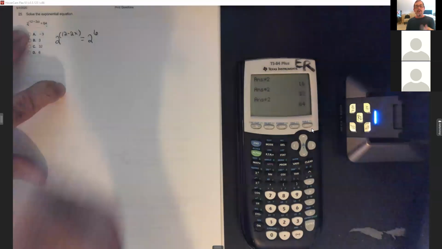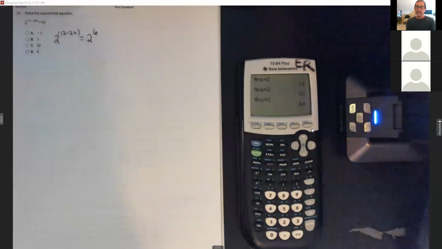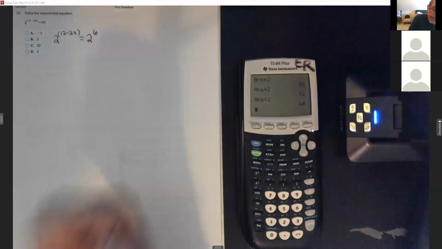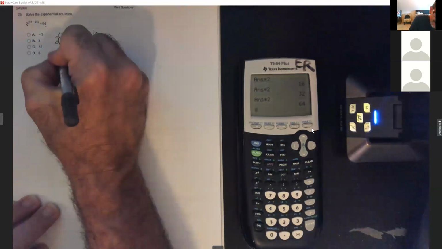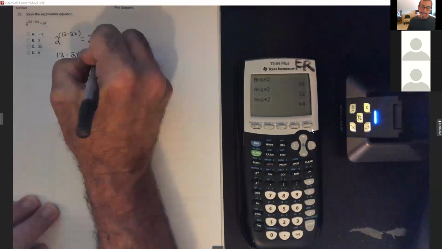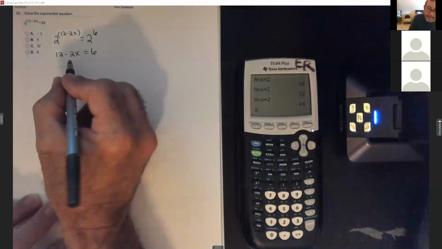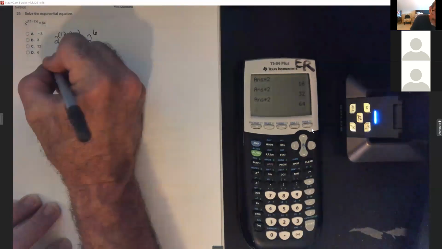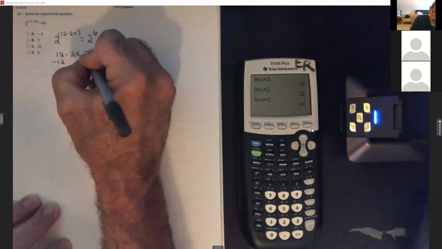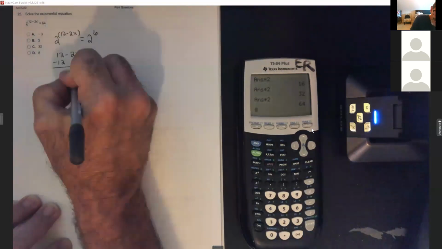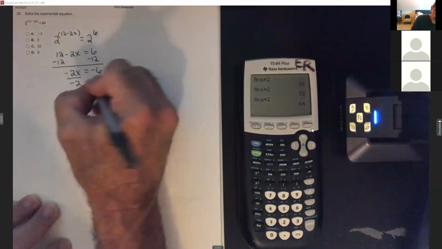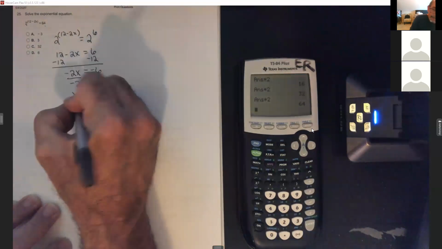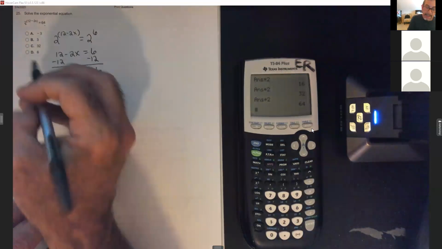Now that the bases match, 12 minus 2x has to equal 6. Then I would solve that for x by subtracting 12. Negative 2x would equal negative 6, and then divide by that negative 2, so x would equal positive 3, which would be my B.